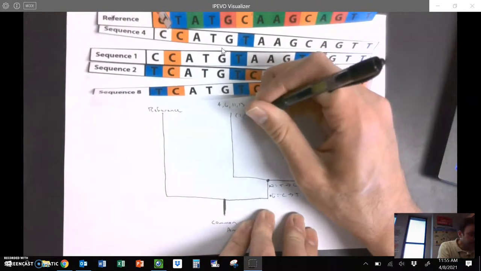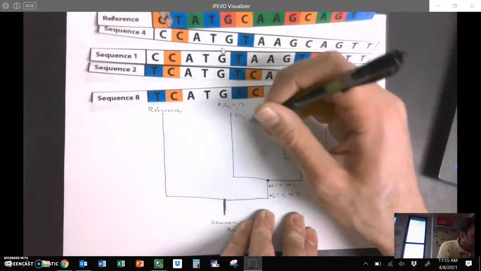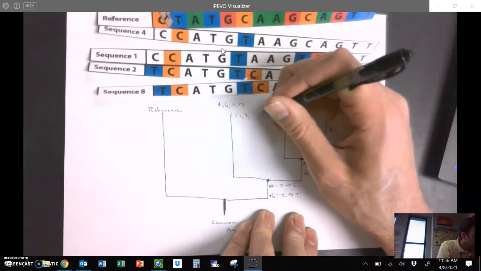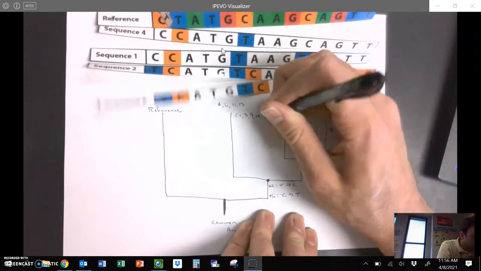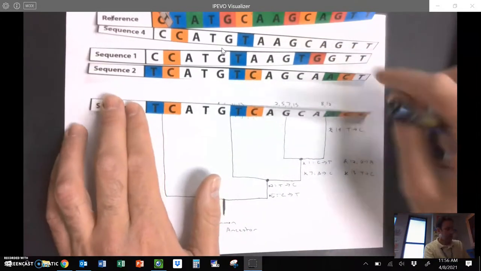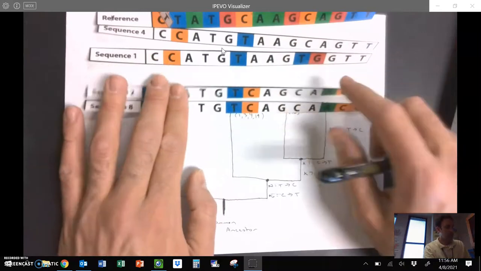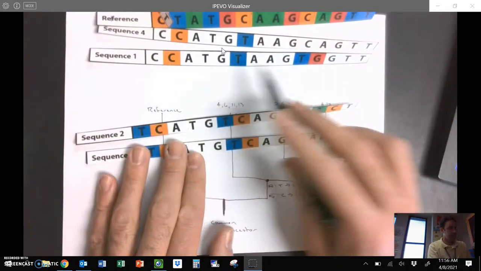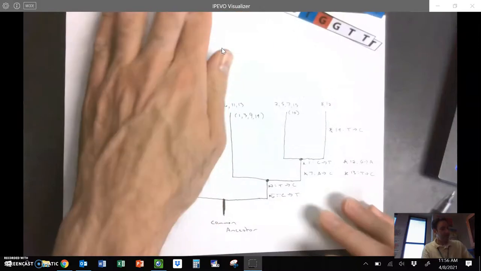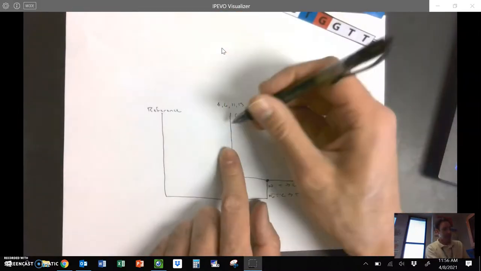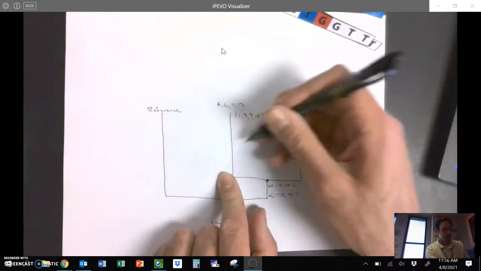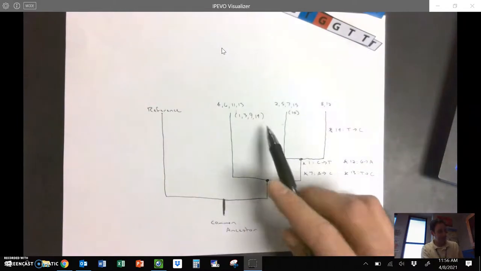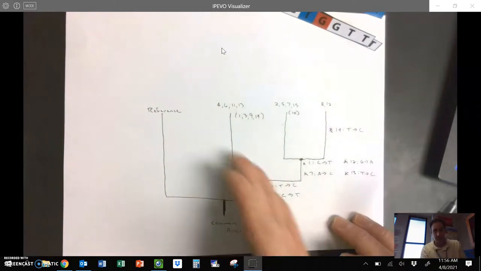And so sequences 1, 3, 9, and 14 all kind of fit where sequence 1 is, where it's inherited these 2 and then had a couple other random ones. And so you could put 1, 3, 9, and 14 in different branches coming off of here. But again, I'll just kind of lump them together, sort of saying they're part of that group.